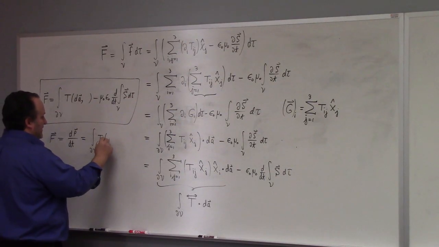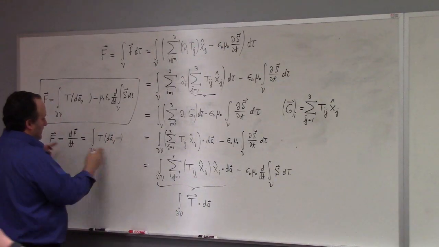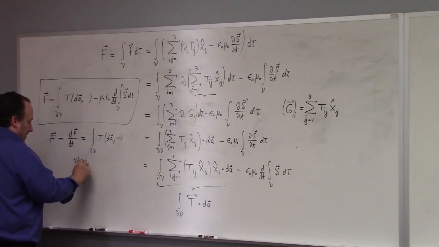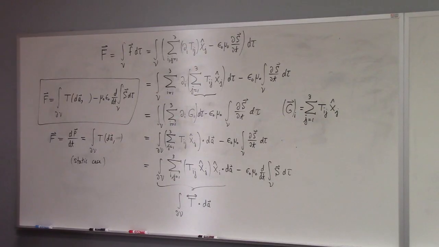If you'll allow me this easy notation for it, that's the case where it's static, right? So in the static case, there's no time dependence in the Poynting vector, so the net force is just equal to that. And what he says is that Tij is the force per unit area in the ith direction acting on an element of surface oriented in the jth direction.